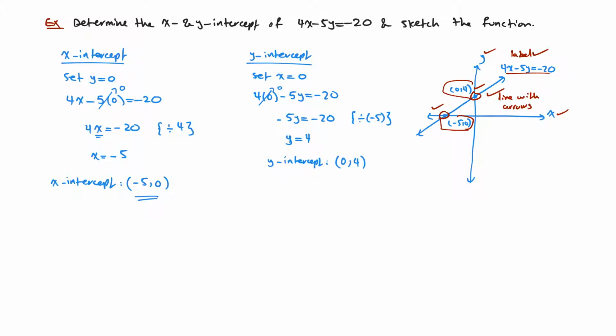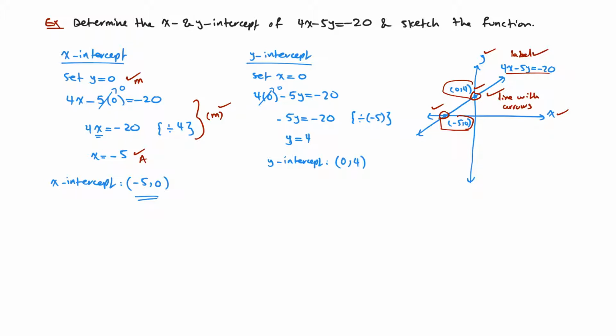For finding x-intercept and y-intercept, you need to show that you're solving for x-intercept by setting y equal to 0. That's a method mark. Properly solving it, I will give an implied method mark for this one. There's no fractions, so there isn't much steps involved, and an accuracy mark over here.